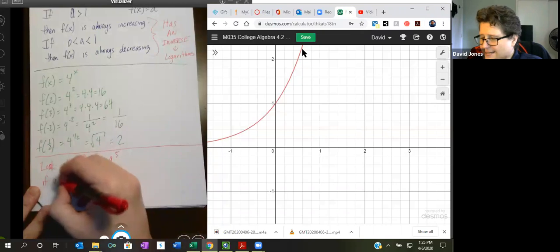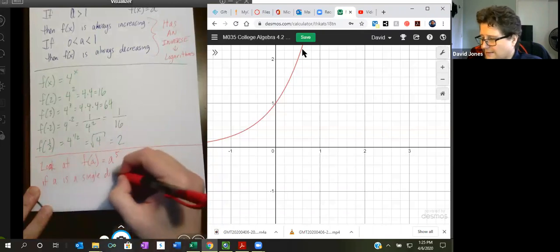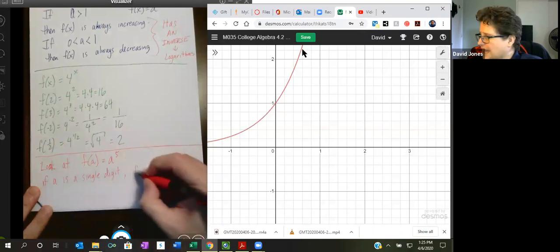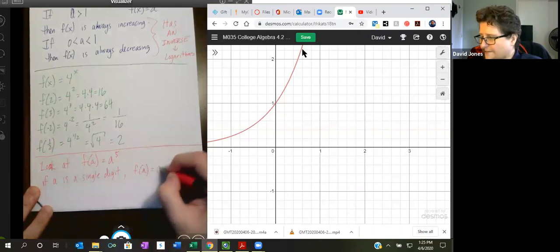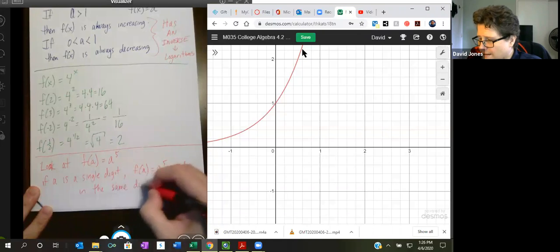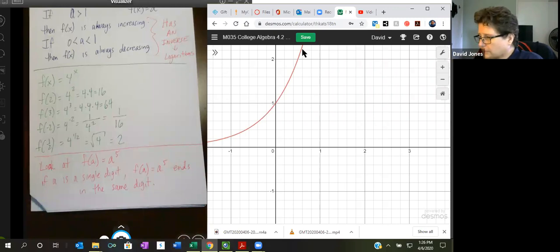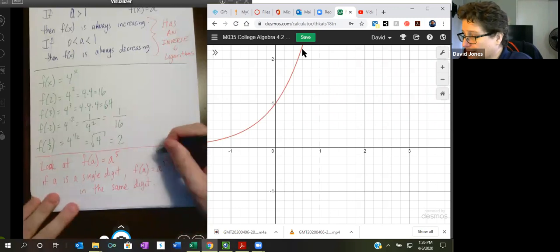If a is a single digit, f of a equals a to the 5th power ends in the same digit. Crazy, right? I'll point that out up here.